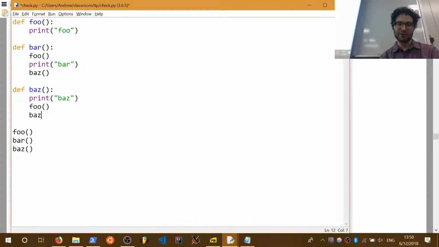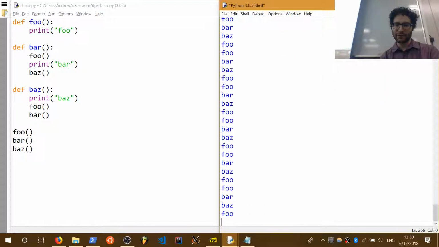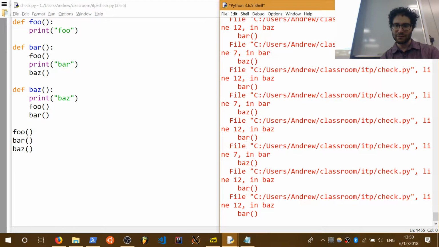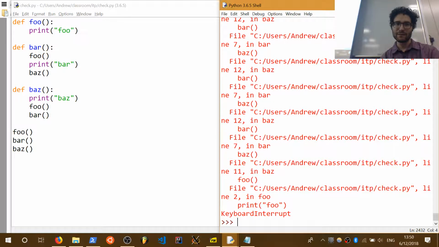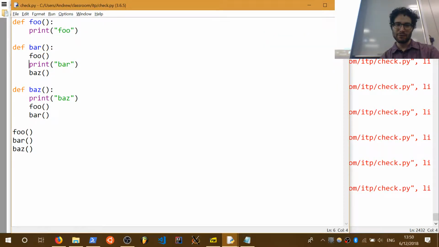And actually, it's very interesting. Let's see what will happen here. Will it go on forever? Seems like it. So let's go ahead and press Control C. Yep, it will pretty much go on forever.